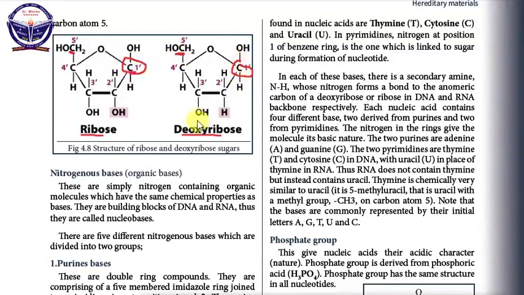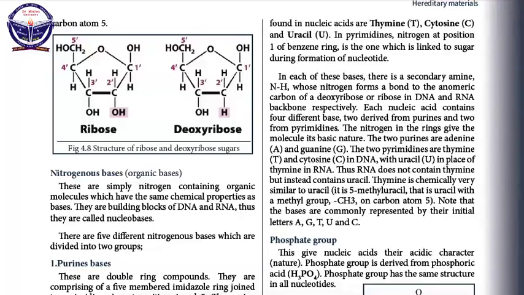You see, in the deoxyribose there is no oxygen at carbon number 2, while in the ribose there is oxygen at carbon number 2. That's the difference between ribose and deoxyribose sugar, and this leads to even the chemical stability of deoxyribonucleic acid DNA, it is more stable as compared to RNA, because this hydroxyl group is the reactive group, while this hydrogen is not the reactive group as this one.